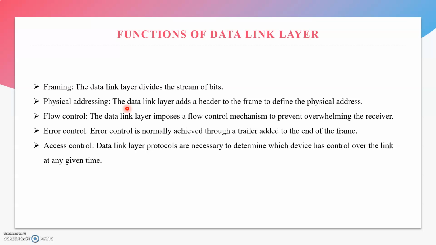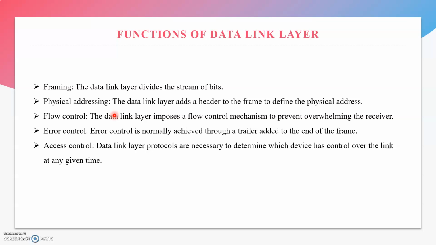And if the frame is intended for a system outside the sender's network, the receiver address is the address of the connecting device that connects the network to the next one. That is what physical addressing means. Flow control means the flow of data.